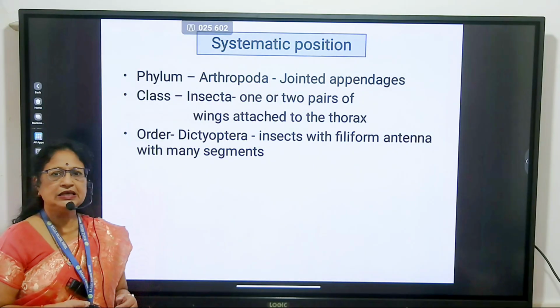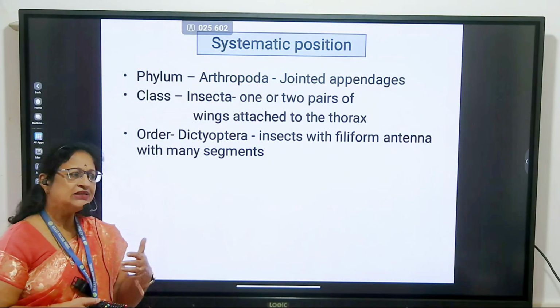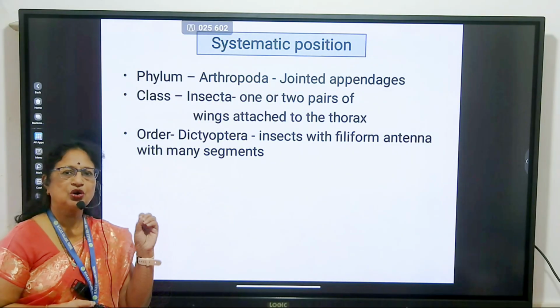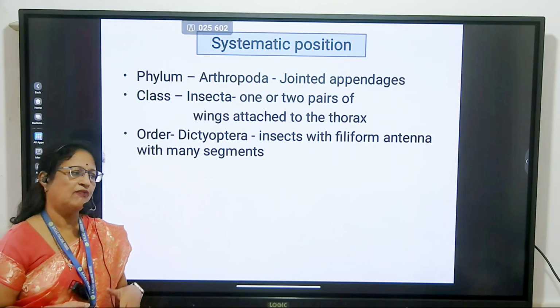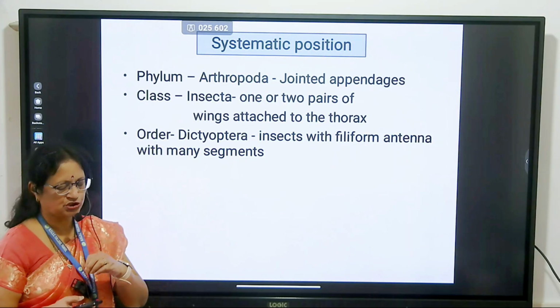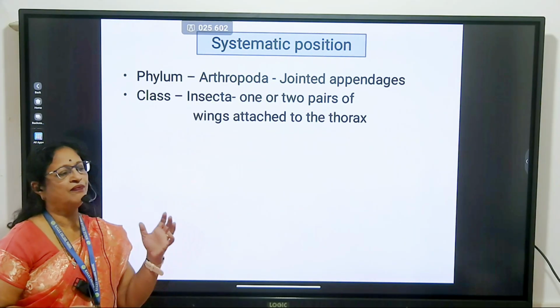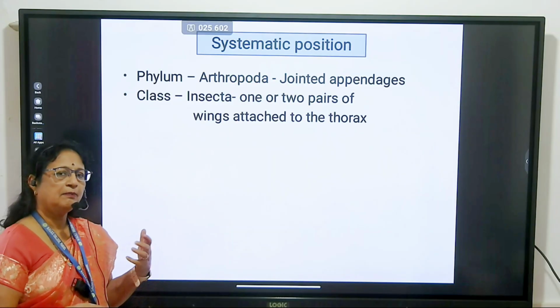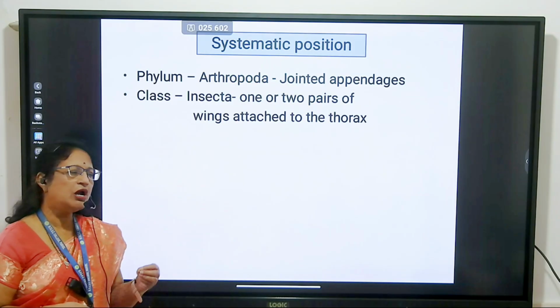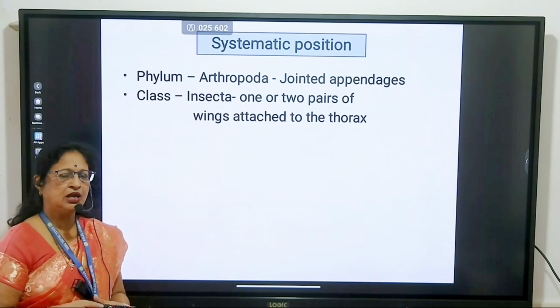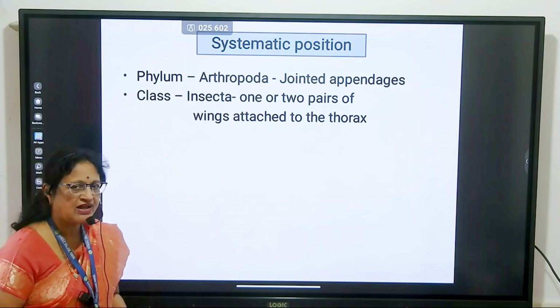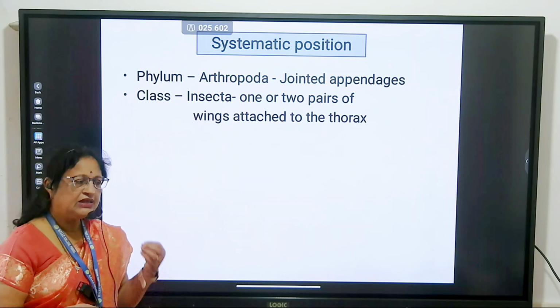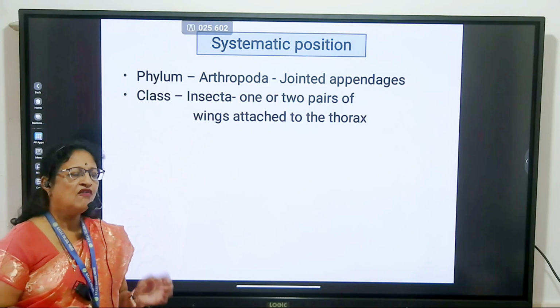Now the class is Insecta. Insecta is the largest class of phylum Arthropoda. Phylum Arthropoda is the largest phylum of kingdom Animalia. The class is Insecta because there are one or two pairs of wings attached to the thoracic region, and these wings are used for flying.